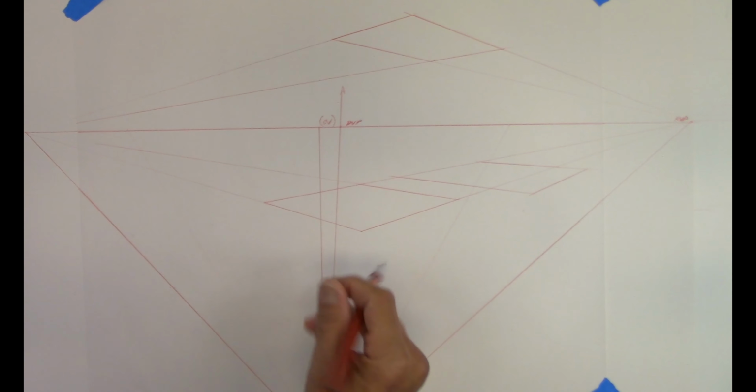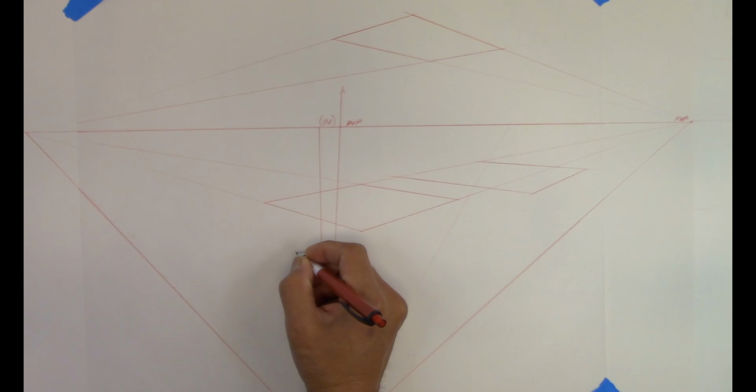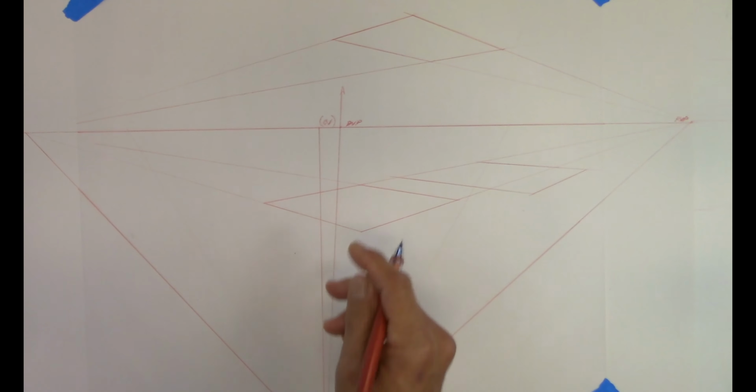So I'm going to overlap the other two. I'm going to pick a point here. This one's going to be kind of big. This one's going to be a little bit bigger, rather.